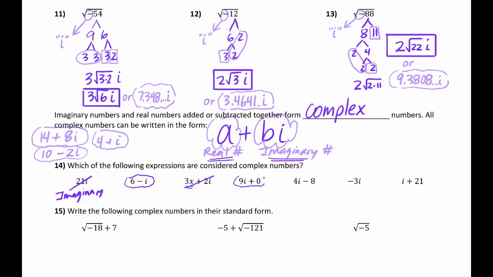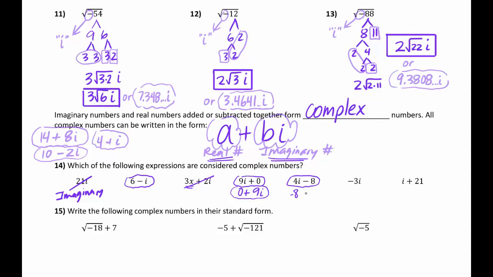9i plus 0 is perfectly fine, but it's written backwards from what you would normally see. 0 plus 9i is probably the more accepted way to write those two numbers that are working together. 4i minus 8 is the same idea, but you have to be careful about writing this in the correct order. 8 has to be negative.